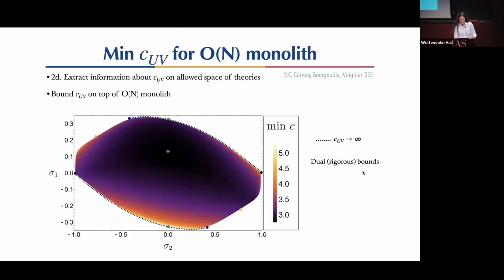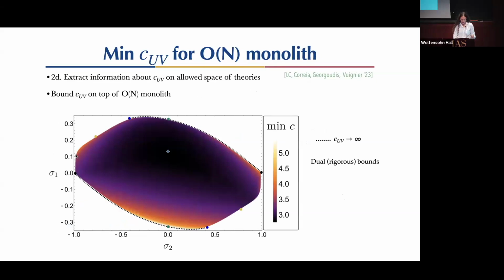And another thing you can do is for this O(N) monolith I explained, here you're doing the opposite. So we want to extract information about the UV in this space of amplitudes. So you can put a bound, say what is the minimum central charge you can have in this space of theories.